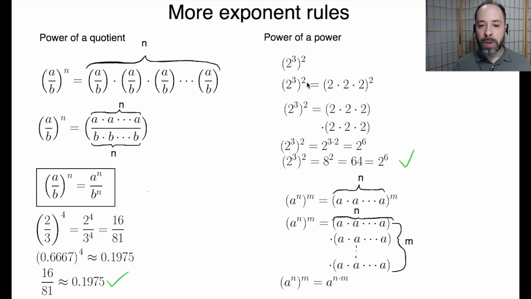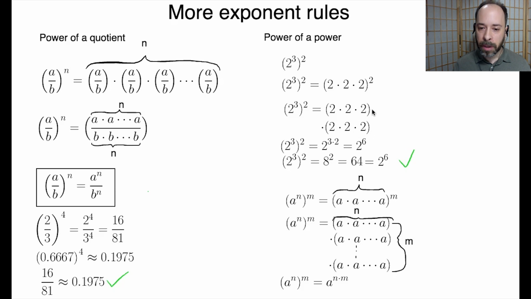2 to the 3 raised to the 2nd power. By definition, 2 to the 3 is 3 2's multiplied together. So we can write those out just like so. And we're squaring that, which means we're going to take 2 copies of that string of 3 2's, and we're going to multiply them together, by definition. I'm going to write that out as a second row underneath the top row.